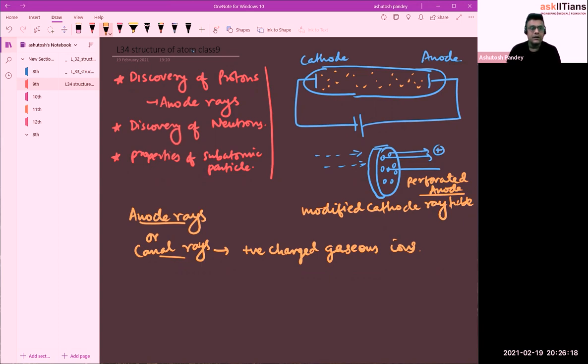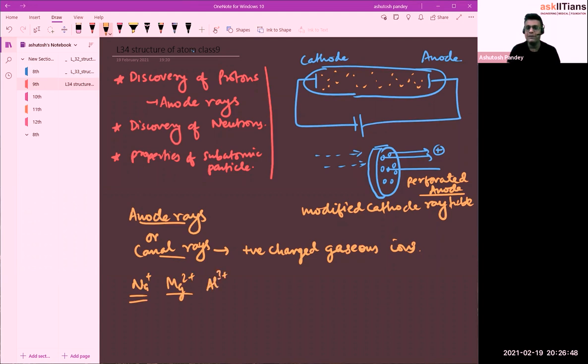Next, the charge to mass ratio of these particles depends on the gas. Again, some of the positively charged particles carry a multiple of the fundamental unit of electrical charge. It means that if we fill some gas, it can also have not a single positive charge but, for example, an Mg2+ ion or an Na+ ion.